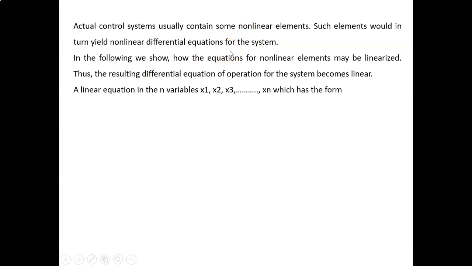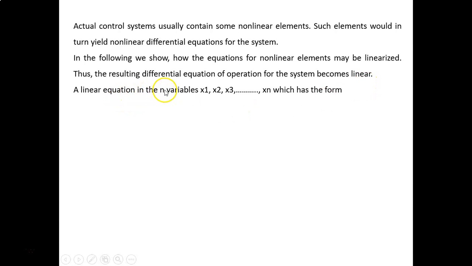Non-linear elements means their variation with respect to time is random or non-linear. Therefore, in the following we show how the equations for non-linear elements may be linearized. Thus, the resulting differential equation of operation for the system becomes linear.